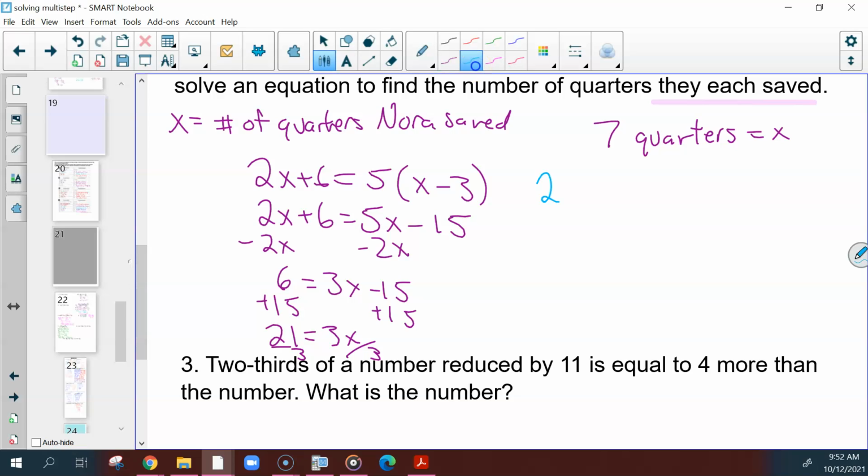So you can put it in here, or you can put it in here. Either way, they should equal the same thing though. How many quarters does Chris have? 20.